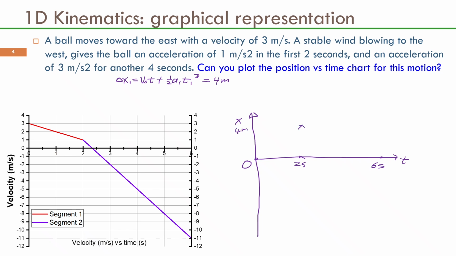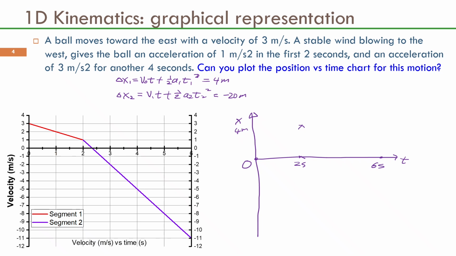And we also know from 2 seconds to 6 seconds, we can calculate its displacement using the same kinematic equation. So v1 t plus half a2 t2 squared. And we know which is minus 20 meter. So that means after 2 seconds, the ball moved to the left by 20 meter.